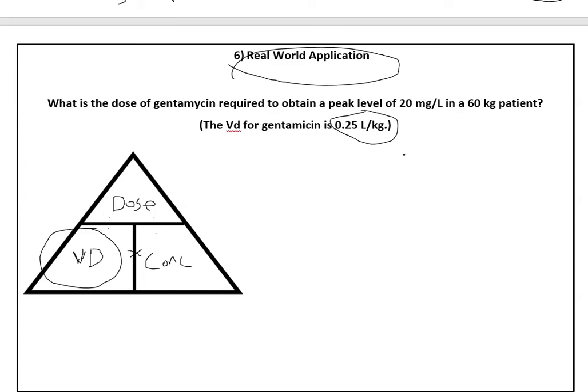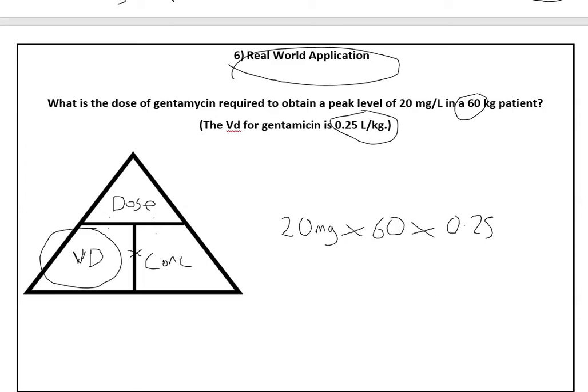So what we can do is 20 milligrams of drug times by 60, which is the weight of the patient, times by 0.25 litres per kilogram.